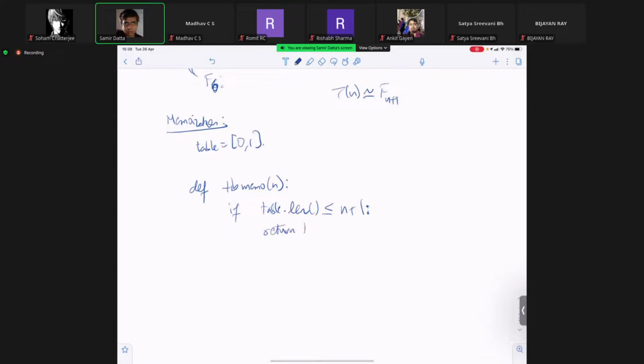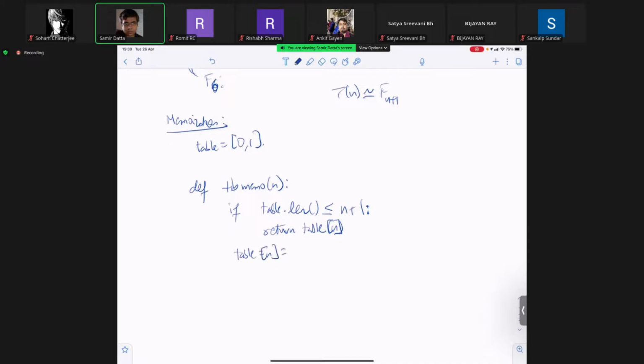Then return table n, correct? Else table n is equal to fib memo n minus 2 plus fib memo n minus 1. Return table n.